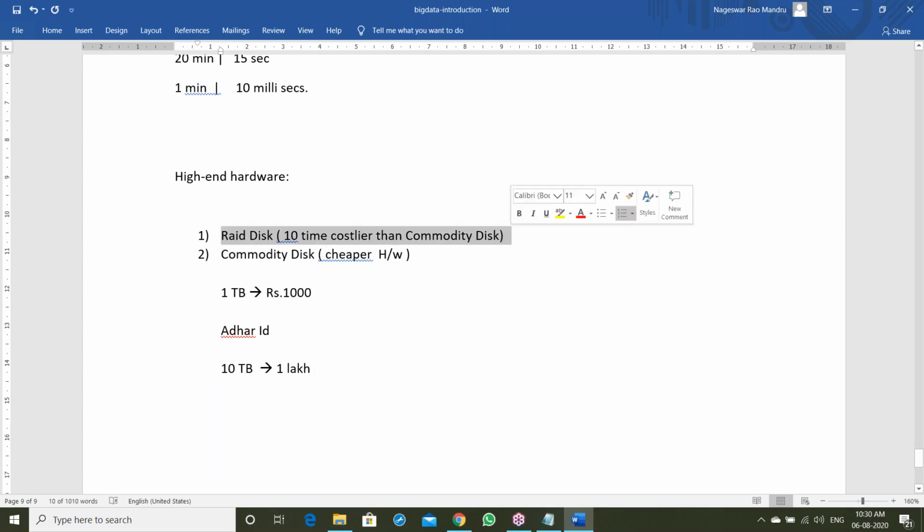More expenditure. For small data, a RAID disk can be used, no problem. But big data means more TB of disk, so automatically the expenditure is more.